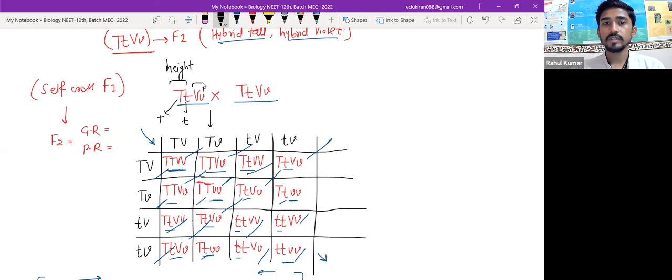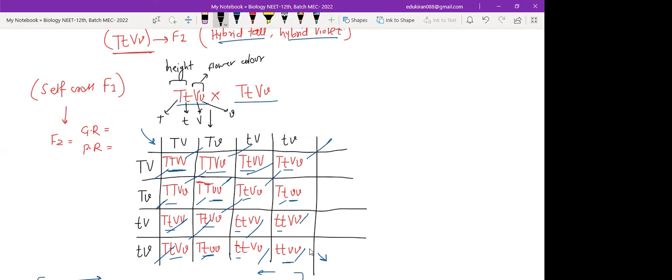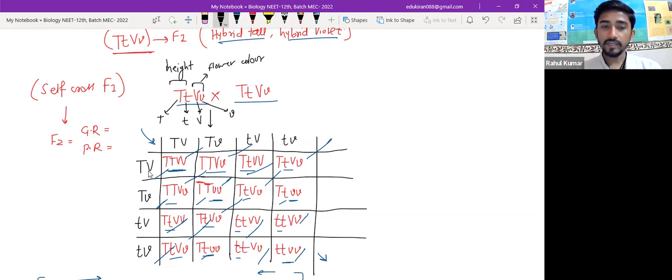And this gene for flower color also had two alleles, right? Capital V and small v. Make sense, everyone? Yes, sir. But during the gamete formation, you can see that every allele of every gene made a combination with every other allele of every other gene. Yes or no?